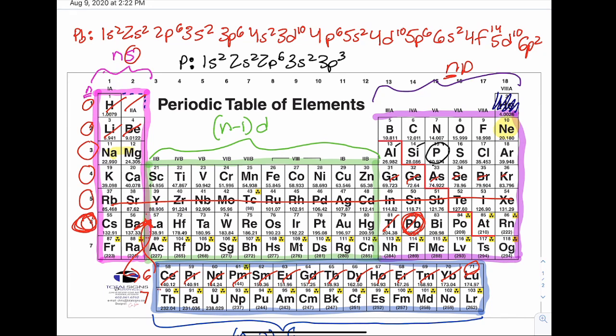So essentially, if I was to write the electron configuration for neon, it's going to be this, right? 1s2, 2s2, and then 2p6. That's my electron configuration for neon.